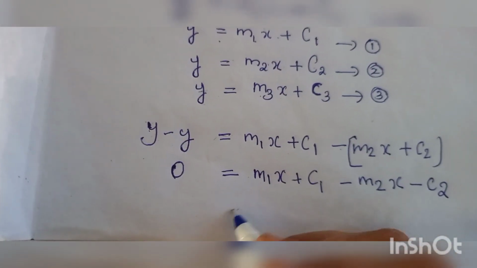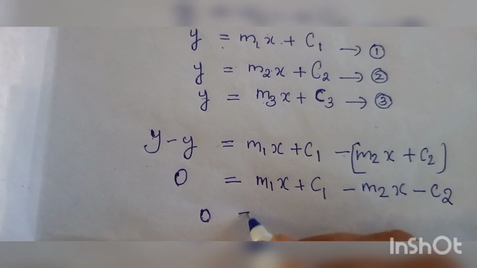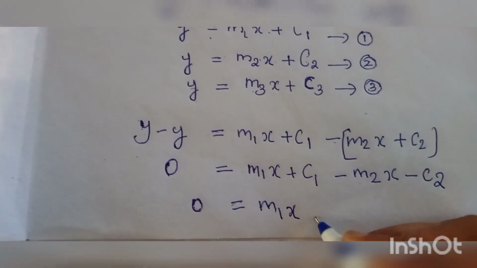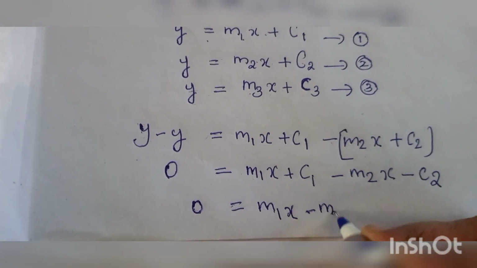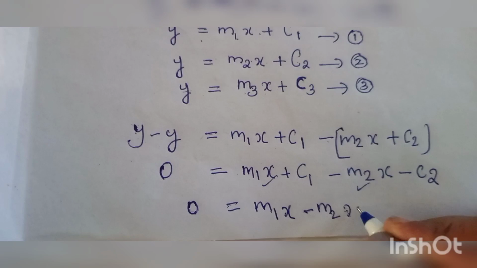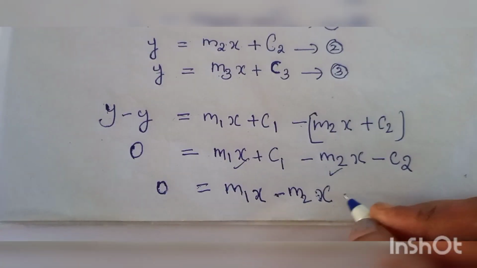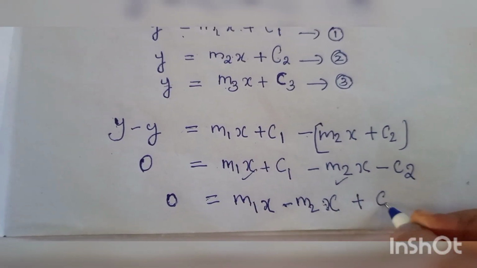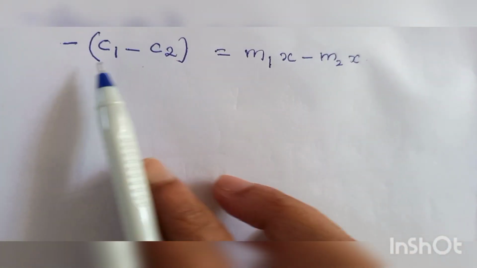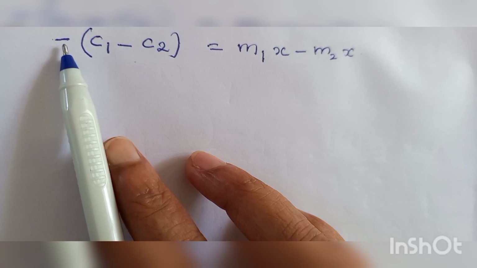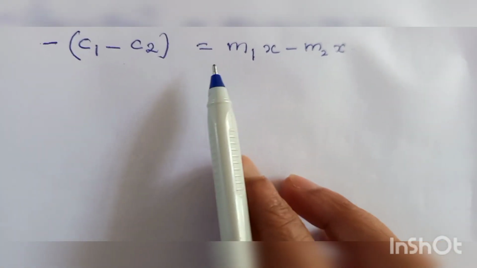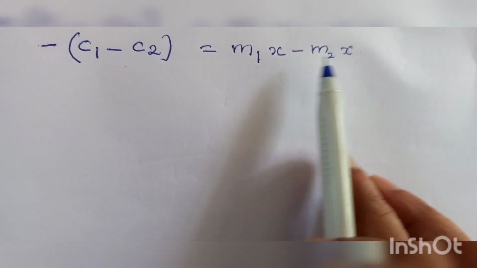Then 0 is equal to m1x minus m2x, regroup this term and this term, plus c1 minus c2. Transpose this c1 minus c2, so this becomes minus (c1 minus c2), which is equal to m1x minus m2x.